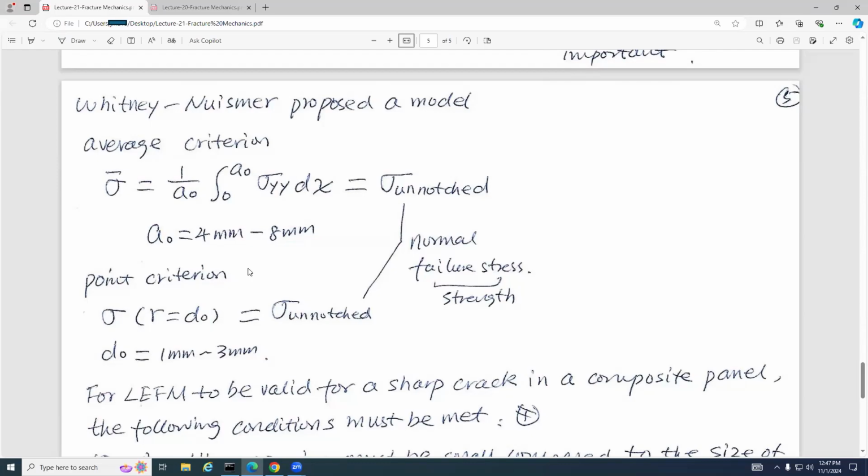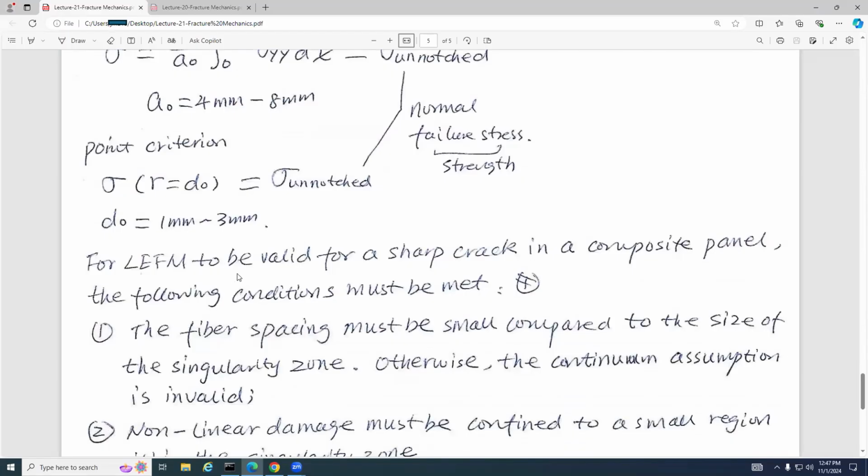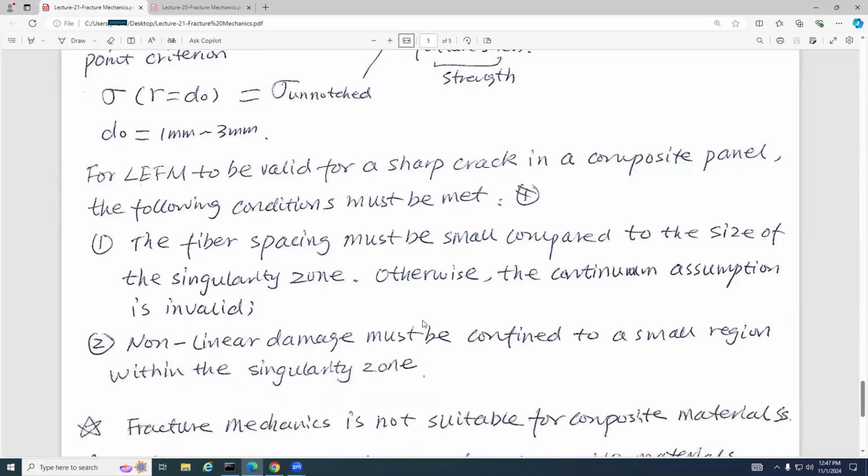And then there are several observations. LEFM to be valid for a sharp crack in a composite panel, the following conditions must be met. So this might be tested in the final exam. First, the fiber spacing must be small compared to the size of the singularity zone; otherwise, the continuum assumption is invalid.